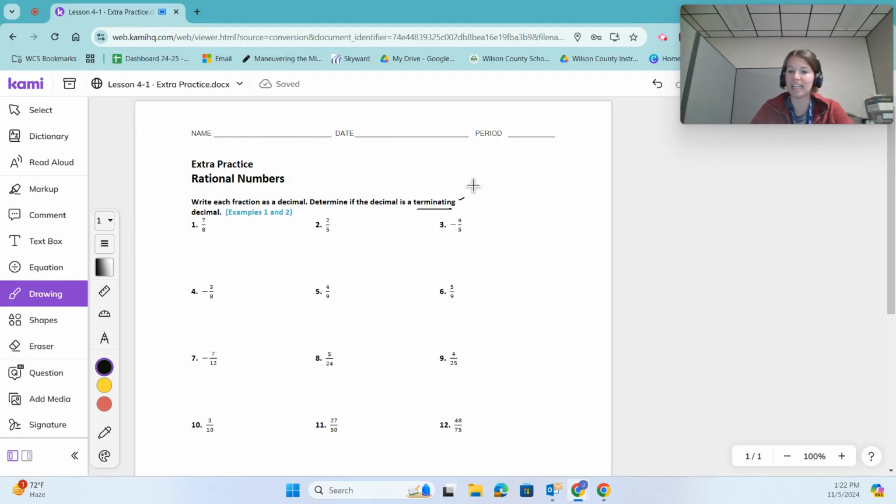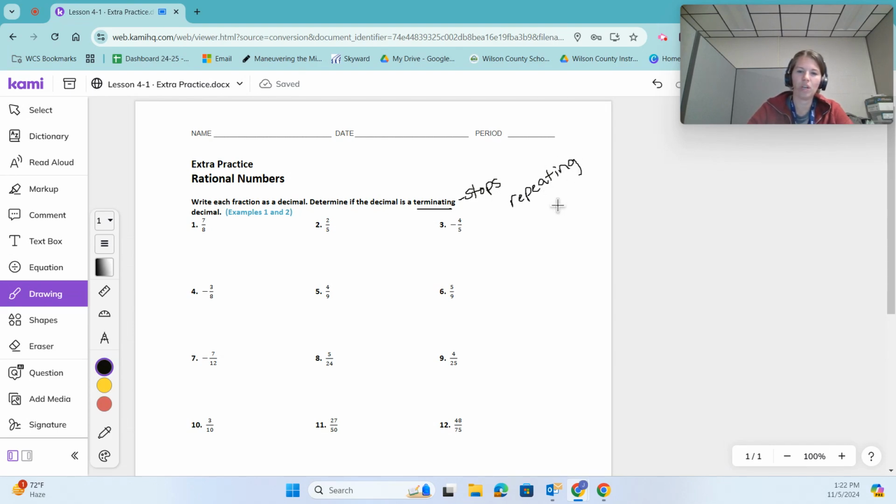A repeating decimal would be something like 1/3, which would be 0.33333, where that 3 repeats forever and ever. That is a repeating decimal. So a terminating decimal stops, a repeating decimal continues on forever.